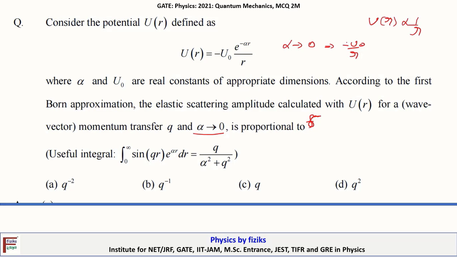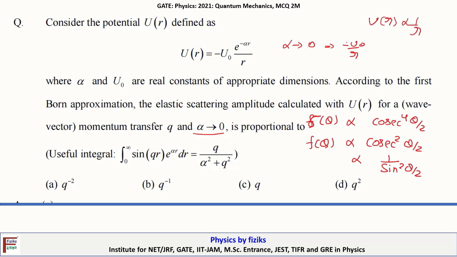The cross-sectional element sigma theta is proportional to cosec to the power 4 theta by 2. That means my f of theta, the scattering amplitude, is proportional to cosec square theta by 2, which can be said to be proportional to 1 by sin square theta by 2, and this q can be written as 2k sin theta by 2.